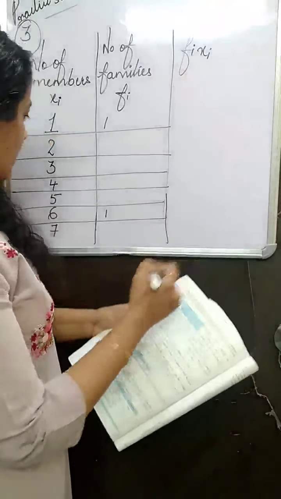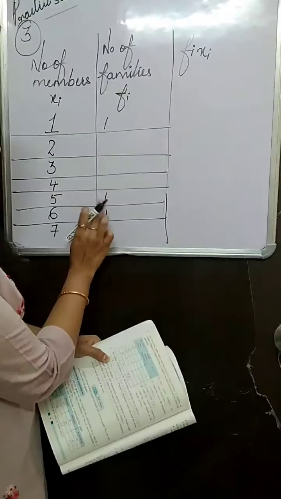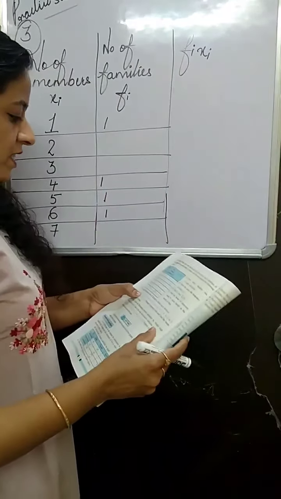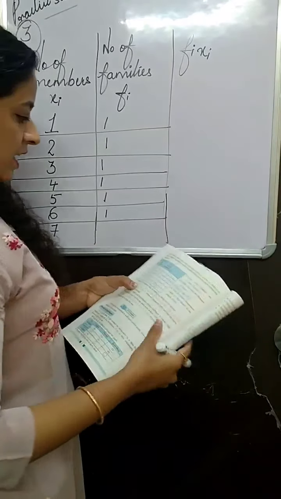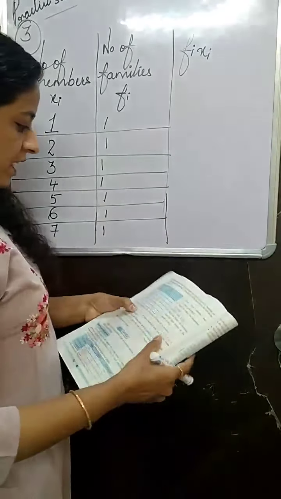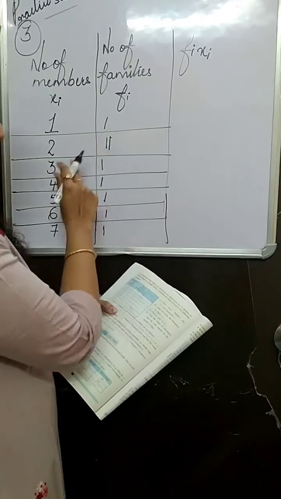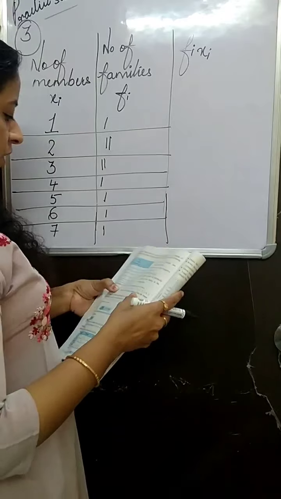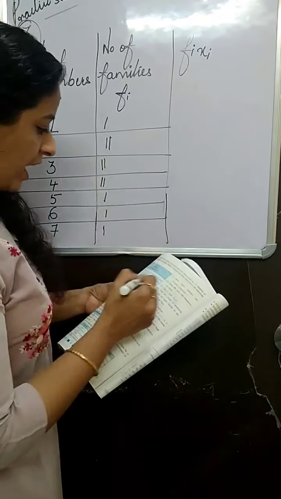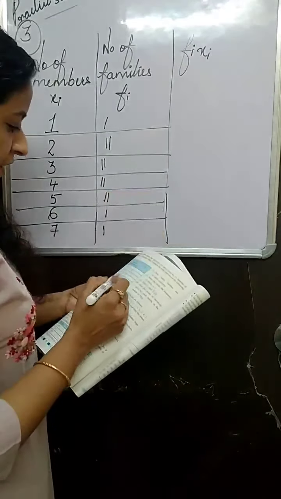Next is 5. Cancel 5, and in front of 5, 1 tally mark. Next is 4. Next is 3. Next is 2. Next is 7. Next is 2 again, so here 2 tally marks. Then 3. Then we have 4. Then we have 5. Then we have 6.